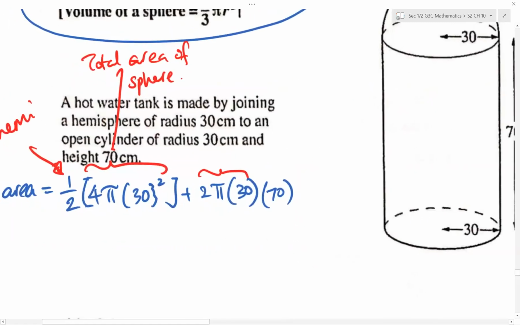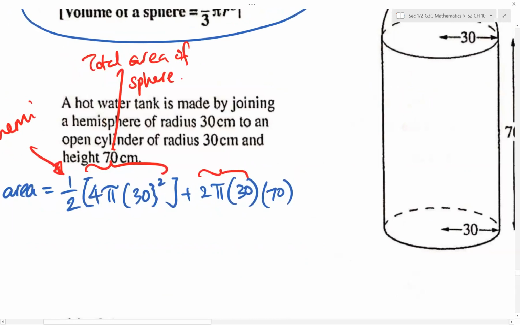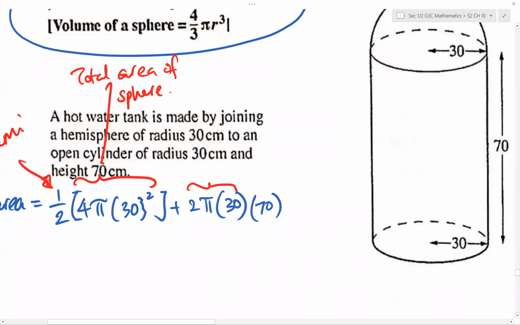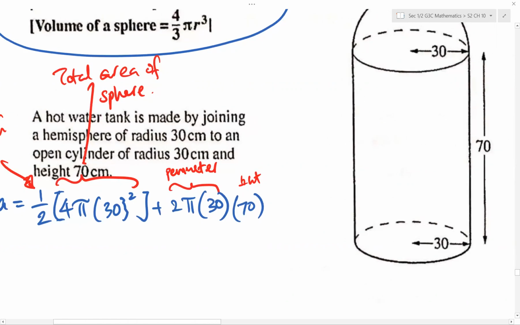Not the 70. 2 pi times 30 first. 30 is the radius. So what we have over here is 2 pi r. That's the formula for circumference. Okay, so we can call it a perimeter because I want you to remember a cylinder is like a special type of prism. So call this the perimeter, circumference also can. Okay, then the 70 will be our perpendicular height.